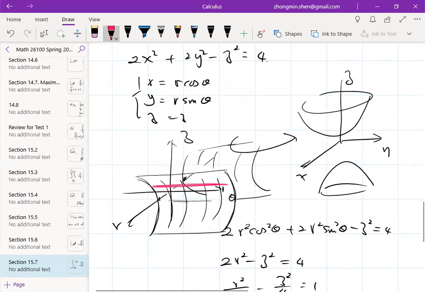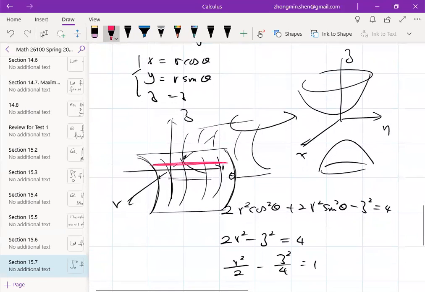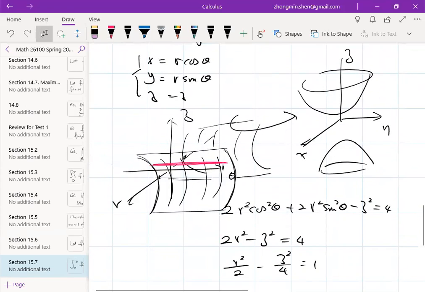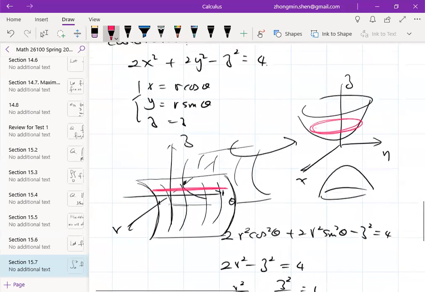When z equals 0, r is going to be fixed, so you will get a circle. I just hope that you bend it like that. Anyway, it's hard to see that. So this is a picture.